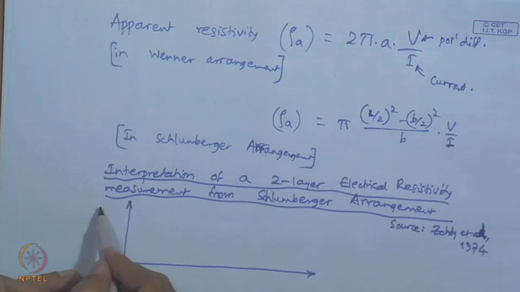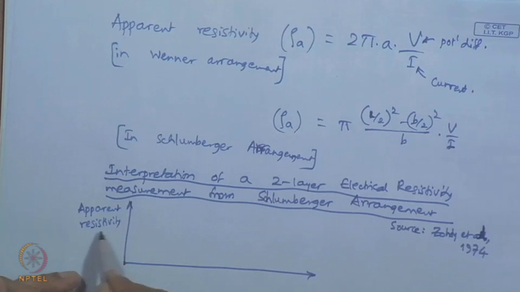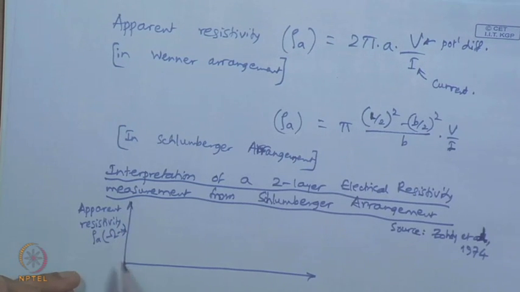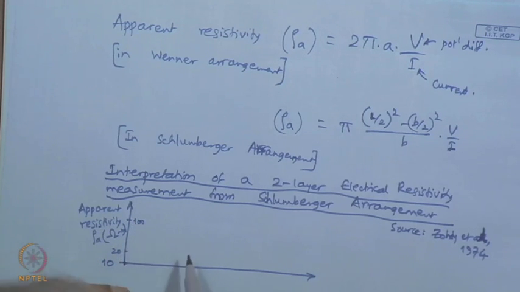So, this is the apparent resistivity in ohm meter, and it varies from say 10, 20, then 100, and then 200.